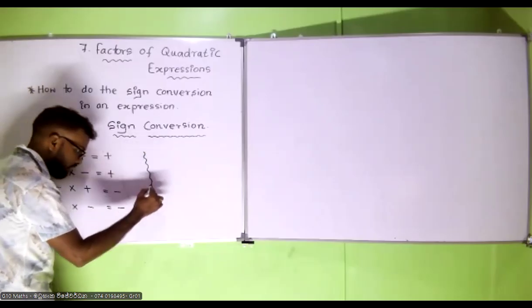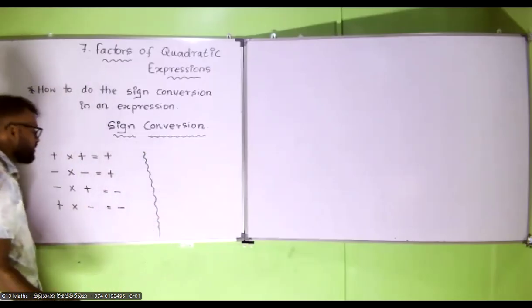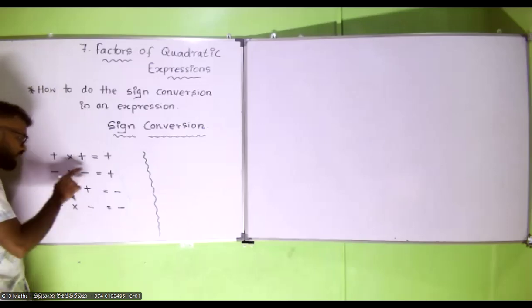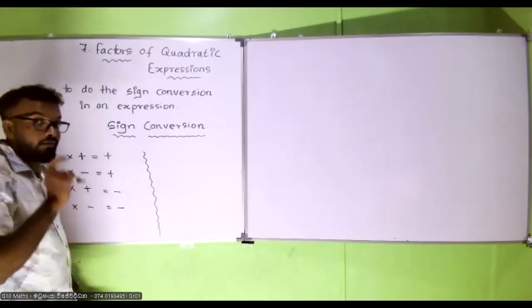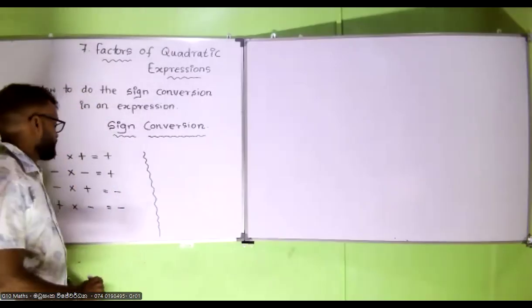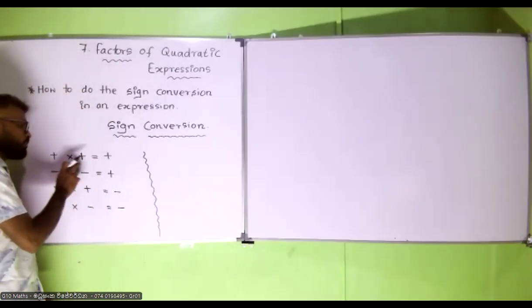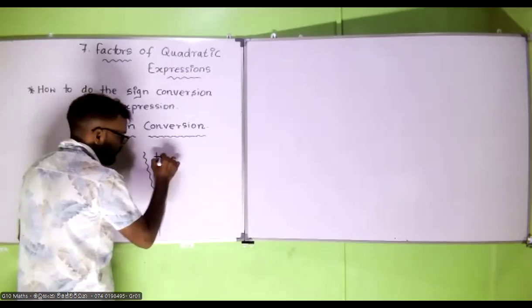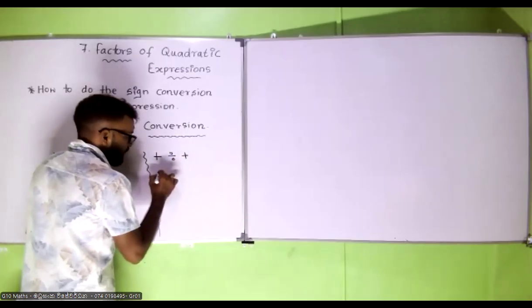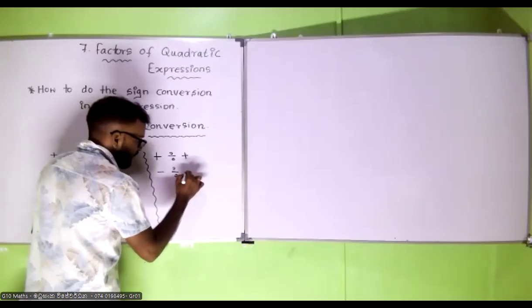Okay, so what else do we have? Here we are multiplying two directed numbers, and we are going to do the division of two directed numbers as well. Positive number divided by positive number. Negative number divided by negative number.